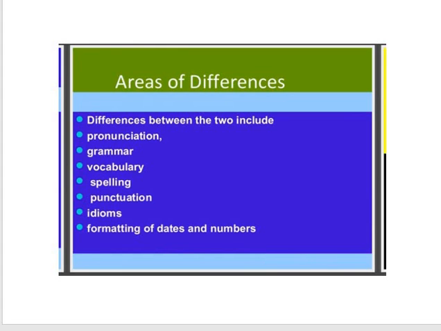The other word that comes to my mind is program. British would write that this way, PROGRAMME, while on the other side Americans write PROGRAM. And next is behavior: BEHAVIOUR.